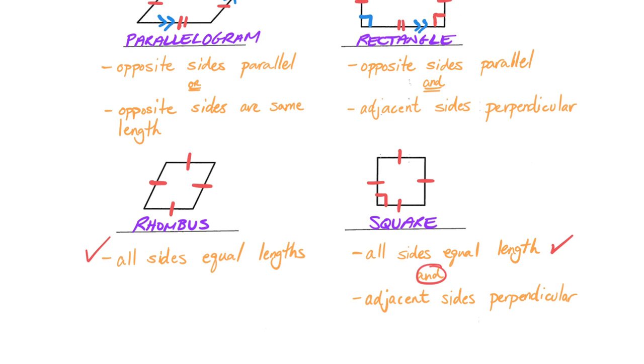You also have to have that 90-degree angle in there. There's our adjacent sides being perpendicular again. So we come to another poodles and dogs argument. All squares are rhombuses, but not all rhombuses are squares. They could be leaning.